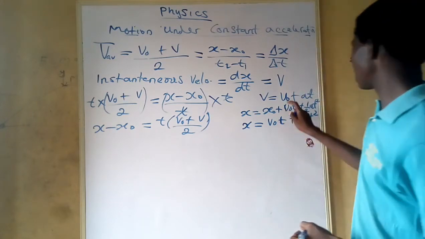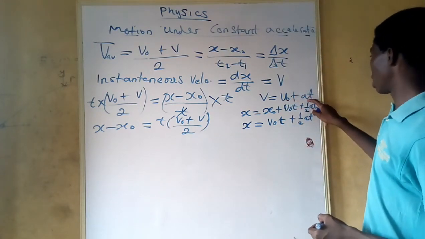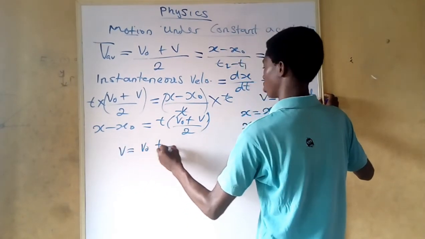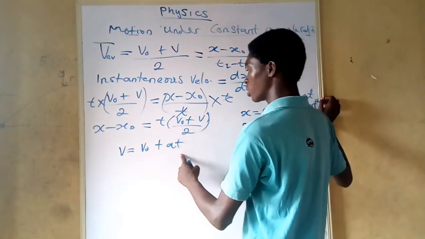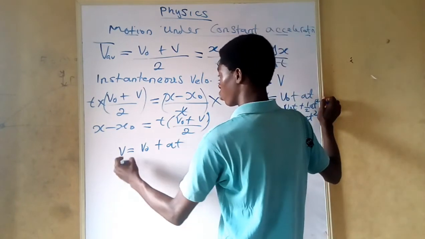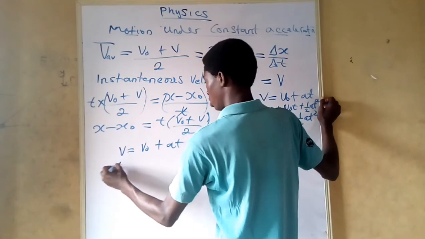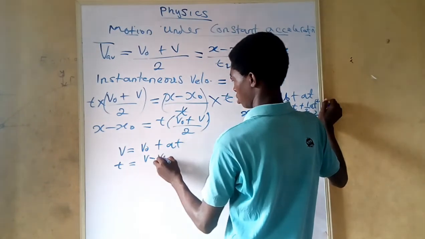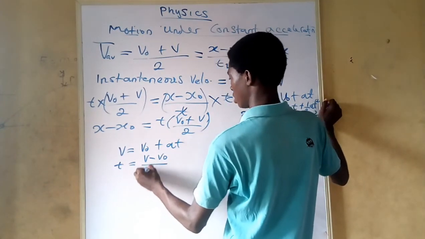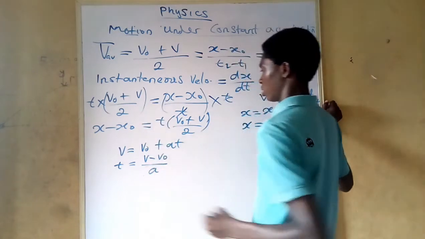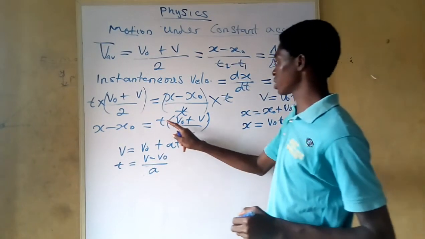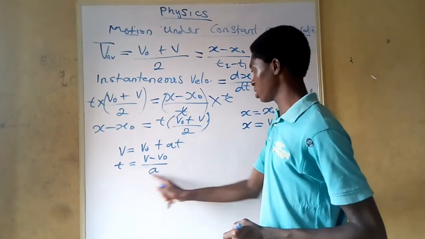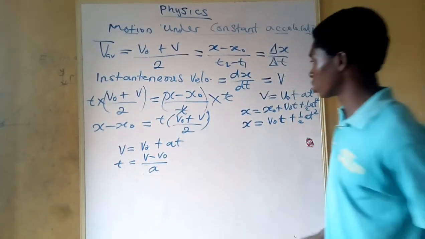So if I take this very equation, V equals V naught plus at, let's make t the subject of the formula. t should be equal to V minus V naught over a. So let us replace this for t in this very equation.